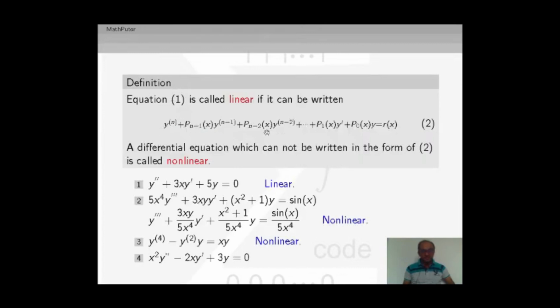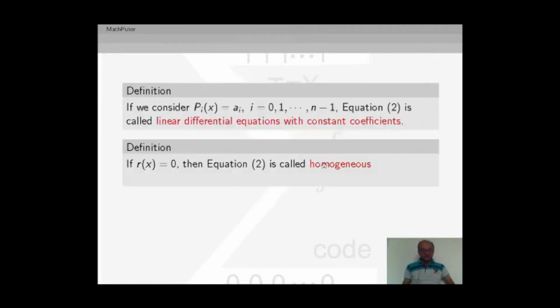Equation 2 is this linear differential equation of order n. If R(x) equal to 0, that is, the right hand side is 0, then it is called homogeneous, otherwise it is called non-homogeneous. We have the same example, x square y double dash minus 2xy dash plus 3y equal to 0. Let us identify the nature of this differential equation.